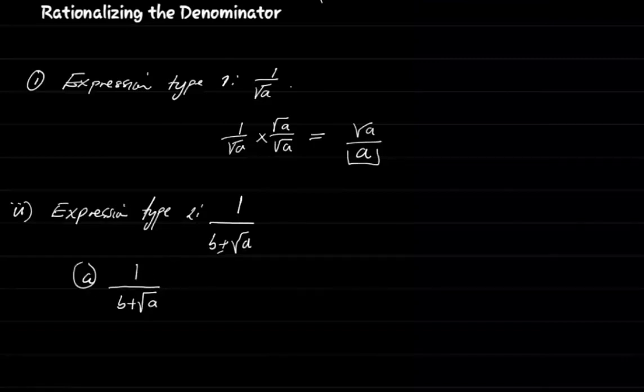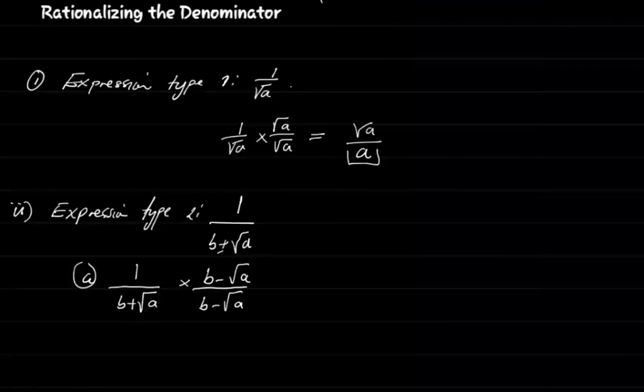So of this type, you still multiply the numerator and the denominator by what is down here, but you change the sign. So we do this: it will be b minus root of a over b minus root of a. So you swap the sign here, and this will eliminate this. But if you maintain the sign, it won't eliminate the surd which is below. So swapping the sign enables us to eliminate the surd below in the denominator.